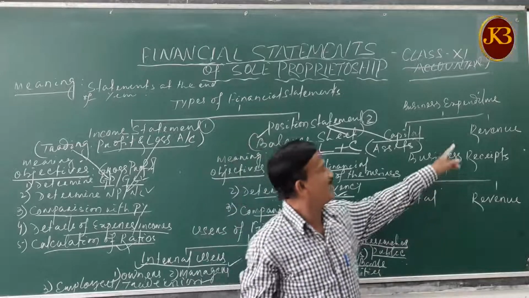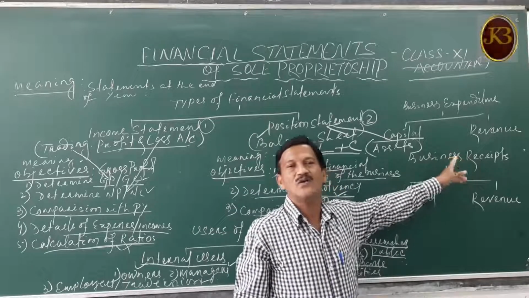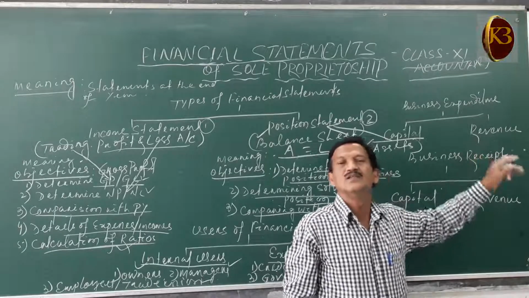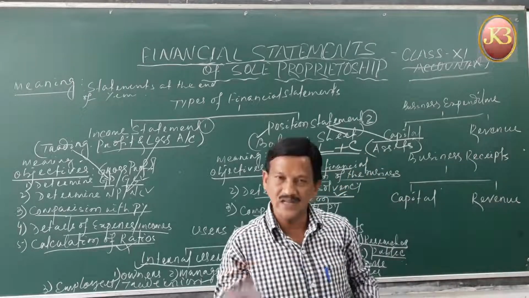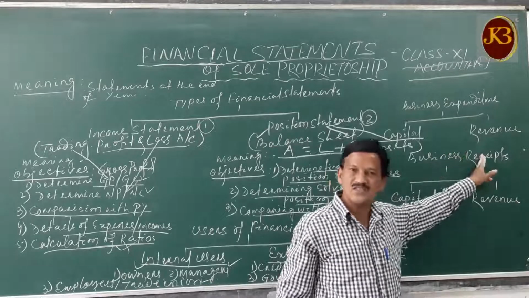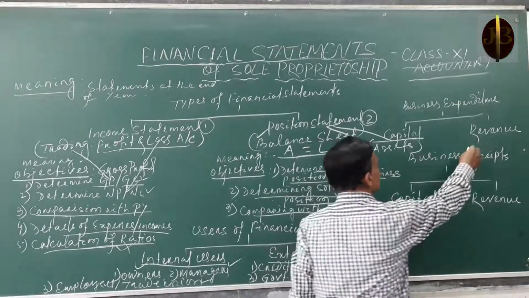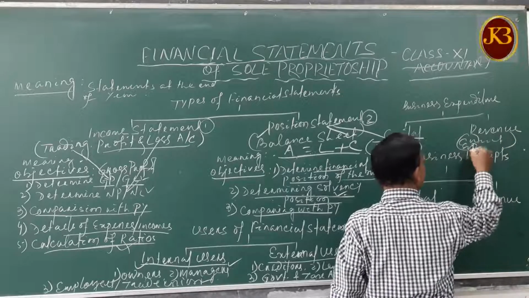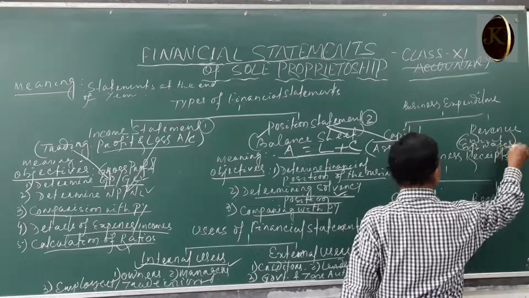All those expenses, recurring in nature, are called revenue expenses. The expenses which are incurred to earn immediate benefit are called revenue expenses. Those are current expenses like wages, salaries, etc.